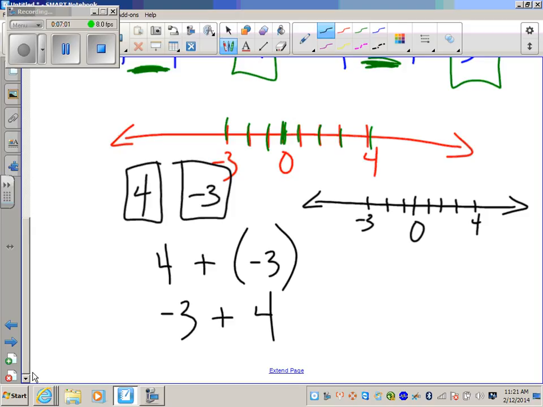Monday? We said if I move to the right, what's going to happen to the values of my integers? Right. So usually when we add, we go to the right. Right? It's bigger. When we subtract, we go to the left.